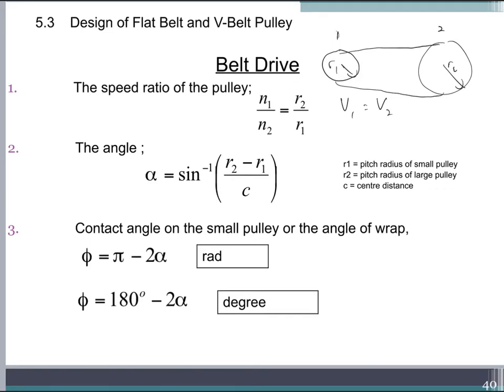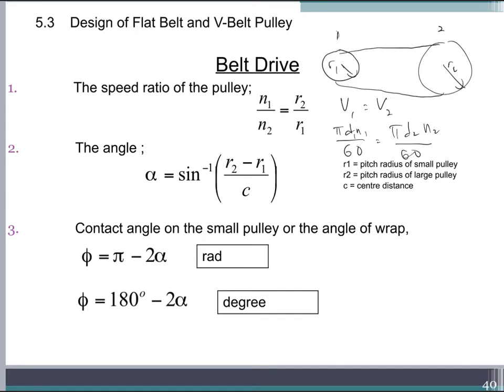So we know that V is pi D N over 60. So pi D1 N1 over 60 equals pi D2 N2 over 60, with D2 and N2 for the large pulley.